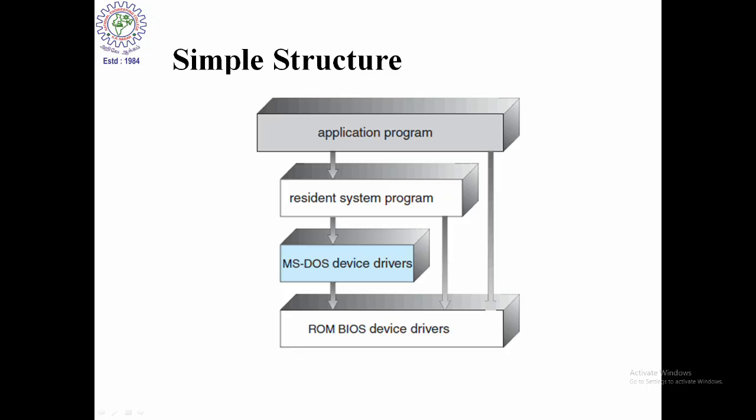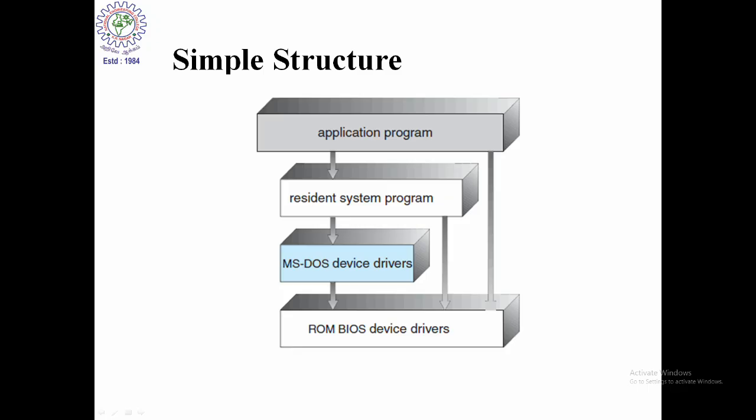So application programs can access the base software directly without passing through any other layers, because when we see here, application programs can access the resident system programs, and also directly access the underlying hardware. In turn, resident programs are able to access MS-DOS device drivers. They can also directly access the hardware. So all layers of the simple structure have access to the base hardware.